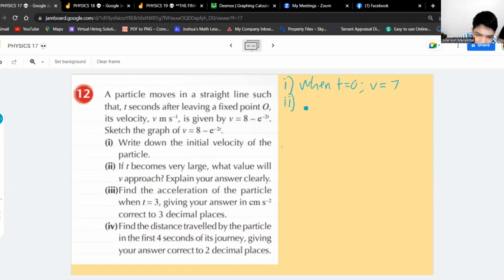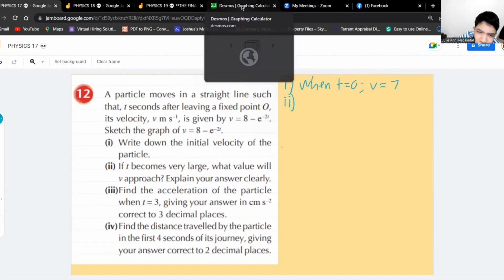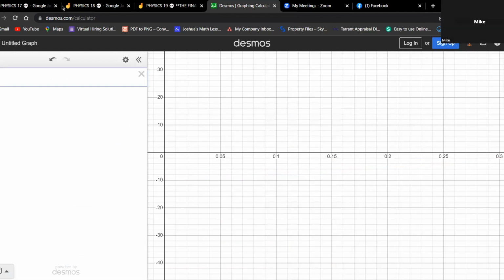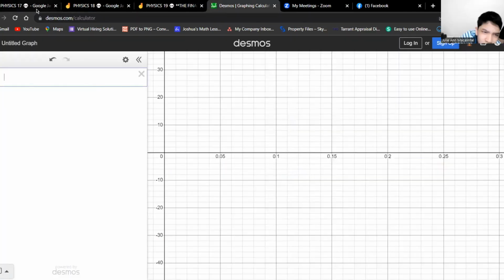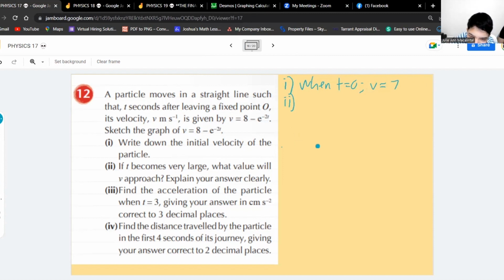Minus 1. Teka, yung sketch ng graph. Hindi mo kailangan ng Desmos. Dapat kaya mong i-sketch yan without looking at Desmos. Sketch lang. Ano ba graph ng e to the minus 2t?